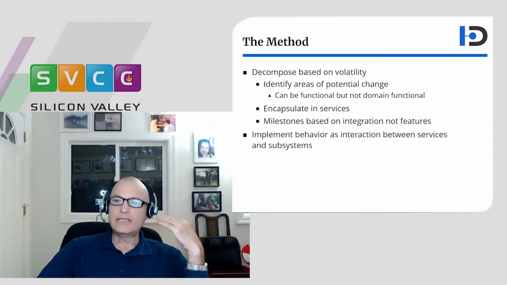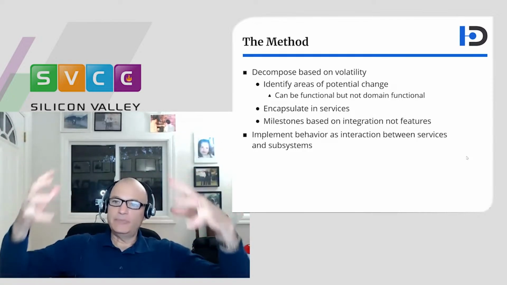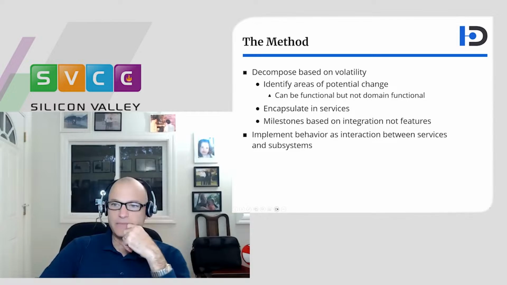However, the reason I can drive your car and you can drive my car is because the volatility is encapsulated. It's encapsulated behind the dashboard and the accelerator pedal and the brake pedal. So in all good systems, we always encapsulate the volatilities.